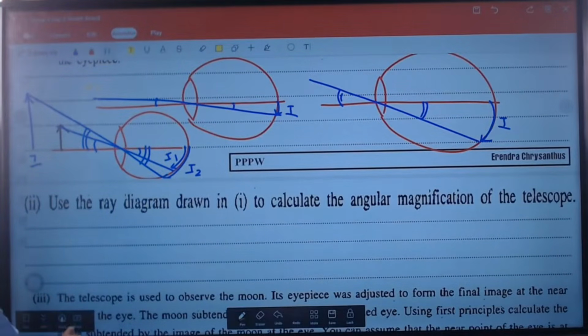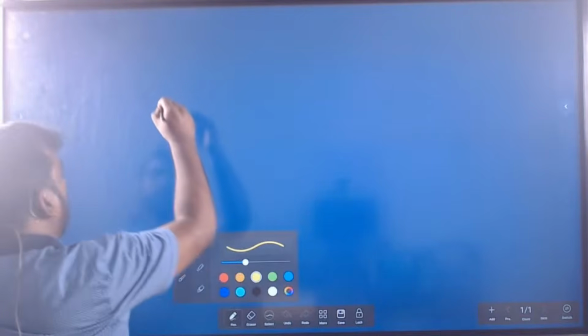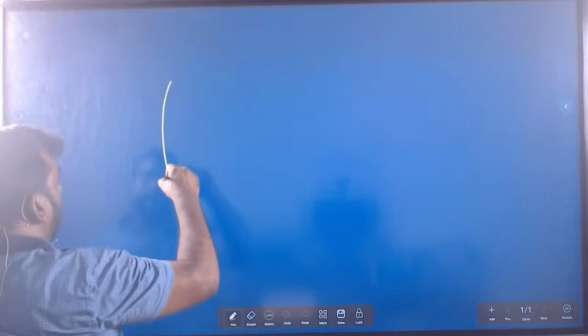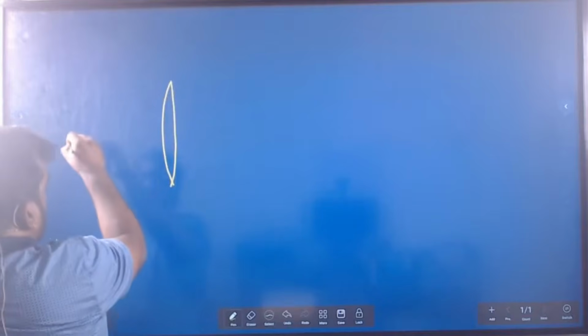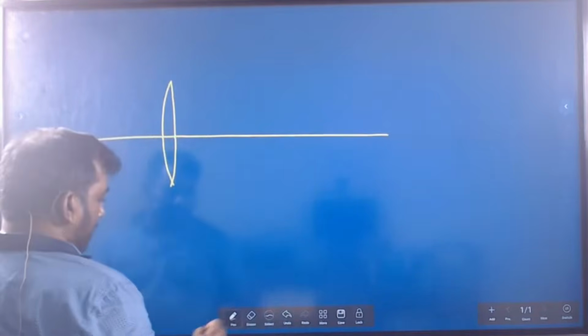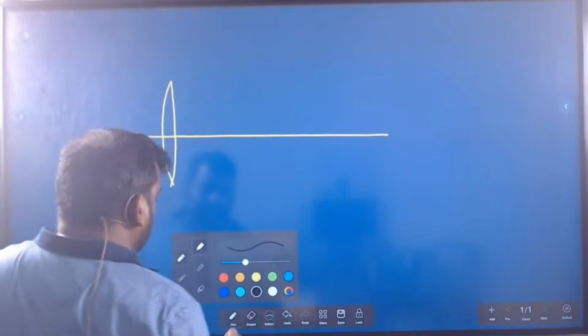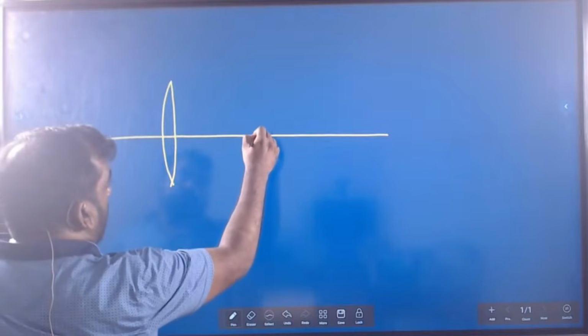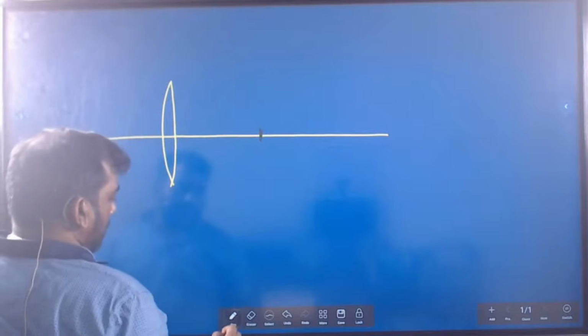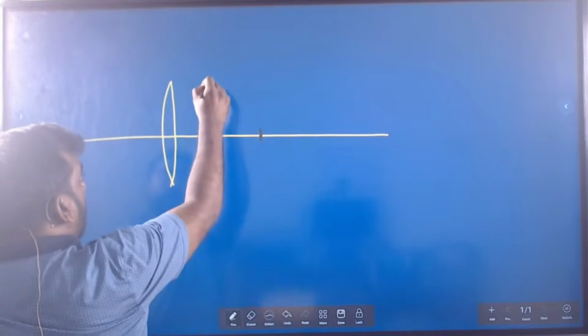I'll draw the ray diagram here. Objective, focal length, larger focal length. Here it's going to be f naught.